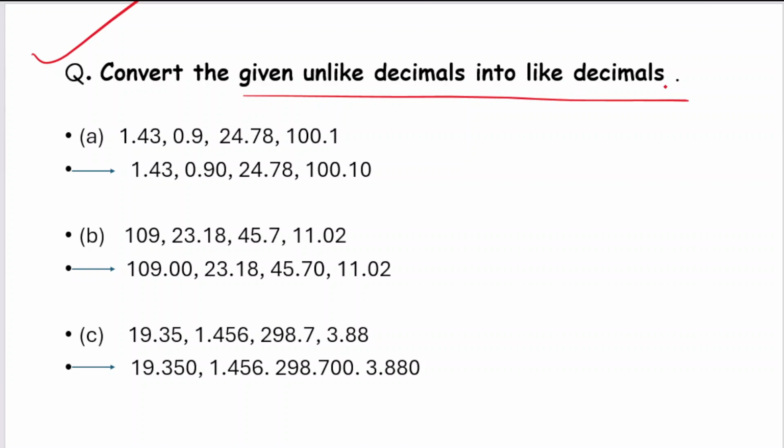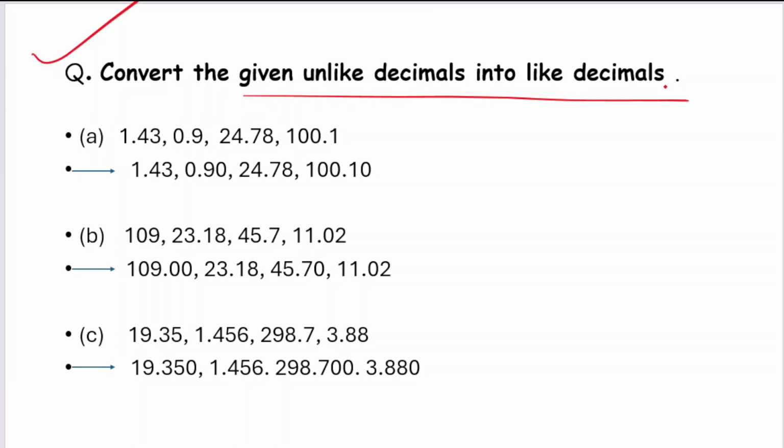Now number A, 1.43, 0.9, 24.78, 100.1. Now if you observe very carefully, their decimal places are different. Now the first one has two decimal places, that is 43. The second one has 1, that is 9.